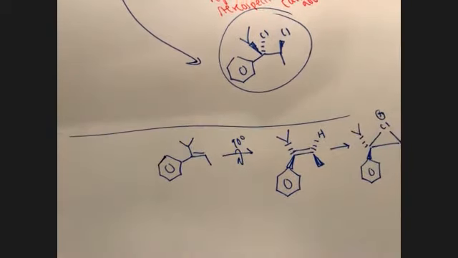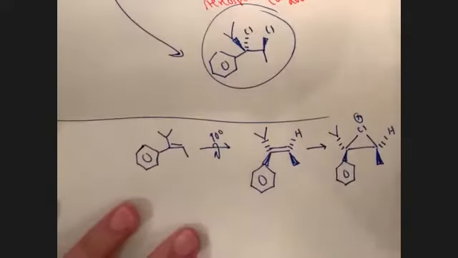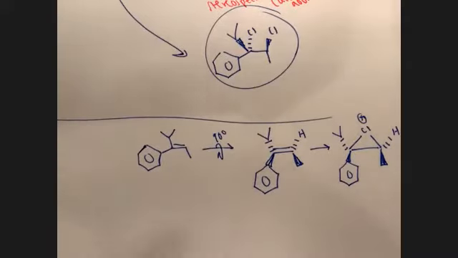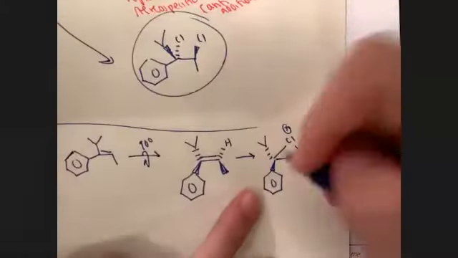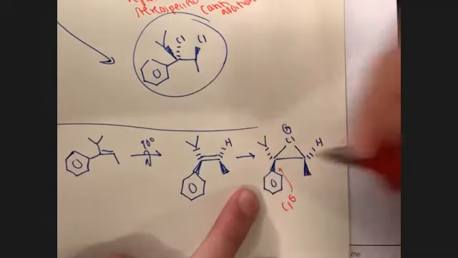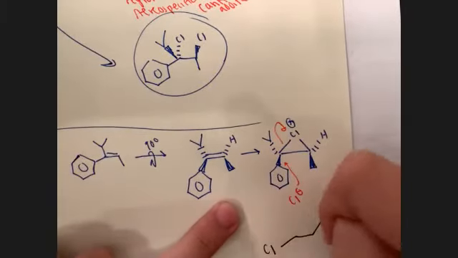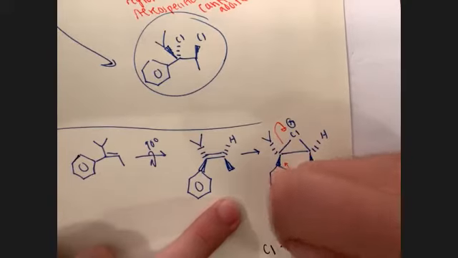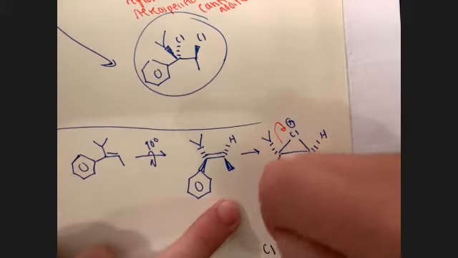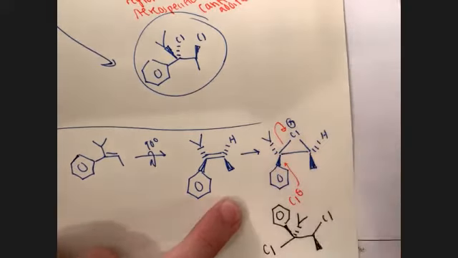The reason people do this one is you don't technically have to worry about the anti-addition in terms of the wedges and dashes and making sure they're the right configuration, because you can already see right here that this is the more substituted side. So the result is going to be this. Okay, so that would be the structure.